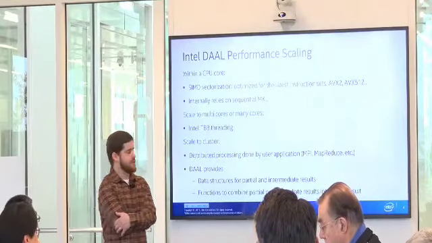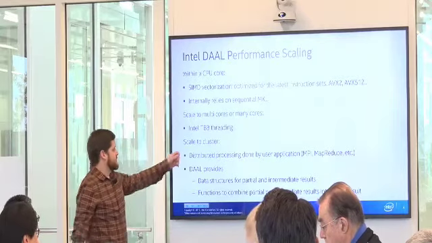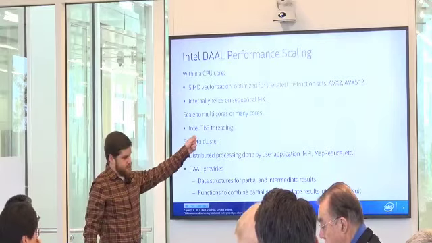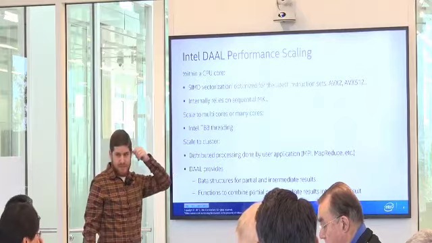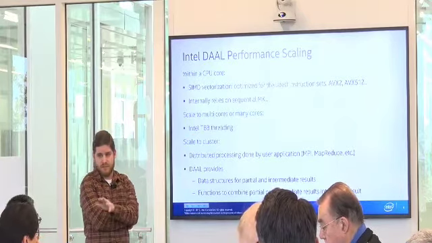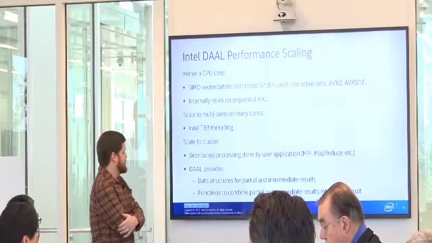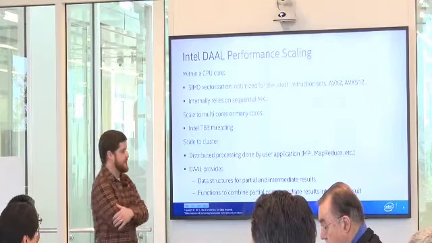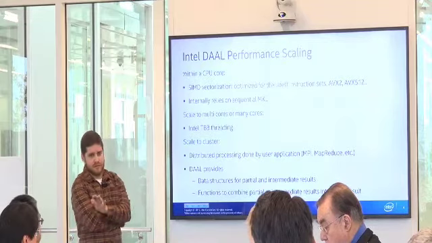It's very popular. And the important note here is that DAL uses Intel TBB threading exclusively. So we use our own threading building blocks library. If you're used to other threading, unfortunately, maybe you'll have to learn a little bit about TBB.